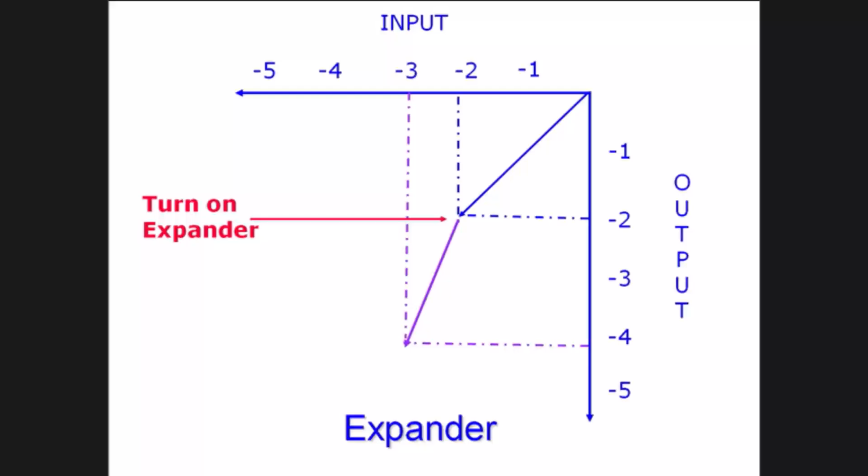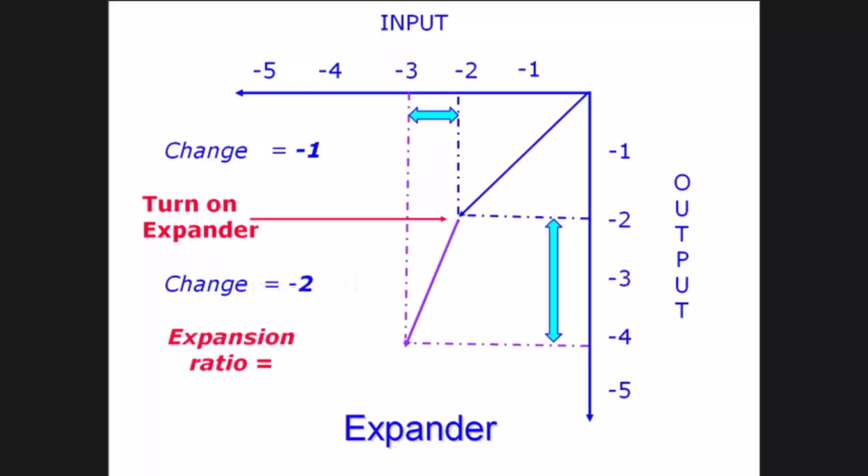Here the input changes from -2 to -3, or a -1 dB, and the output changes from -2 to -4, or -2 dB. So the expansion ratio is -1 compared to -2, or a 1 to 2 ratio.